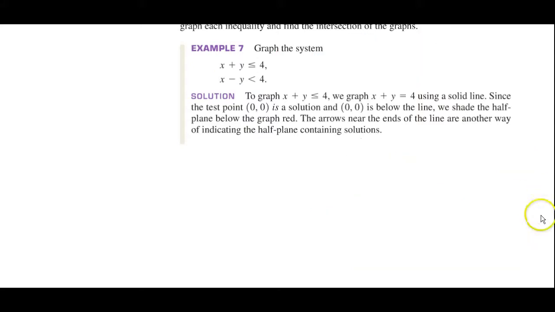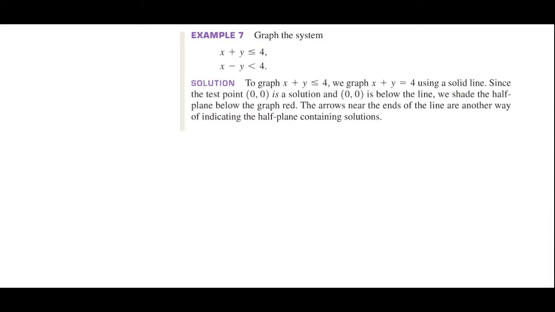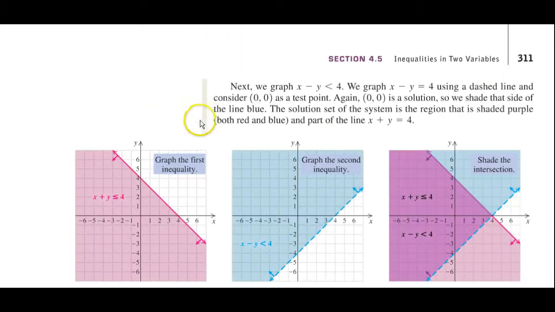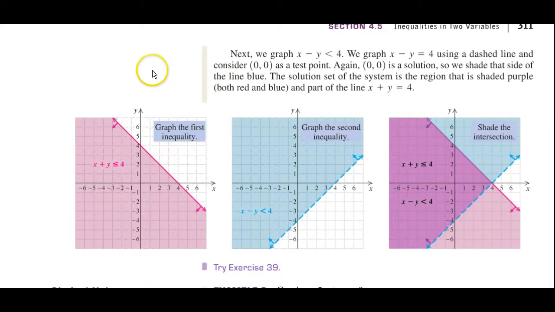So let's see what the book does. And this is a case where I probably should have looked at the book first, but I'm doing this by hand. Beautiful. So again, one line went this way, one line went this way. Where do they overlap?